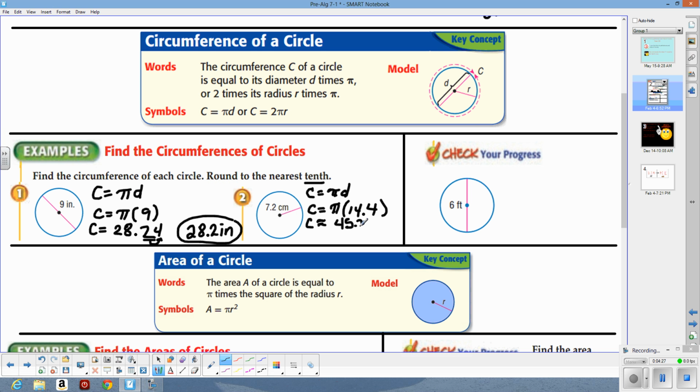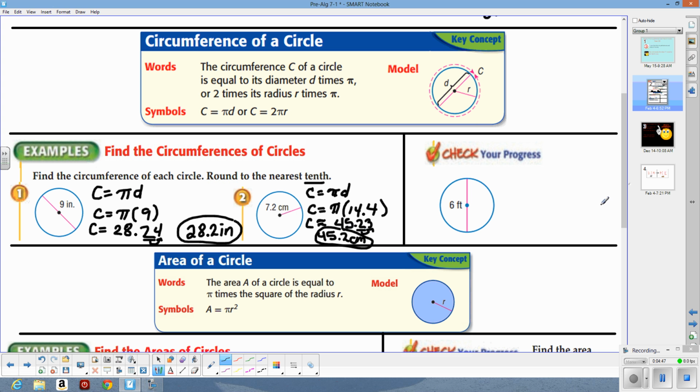And it continues on, but we only need to write down the two numbers so we can round it to the nearest tenth. So this circumference is going to be about 45 2/10, 45 2/10 centimeters.